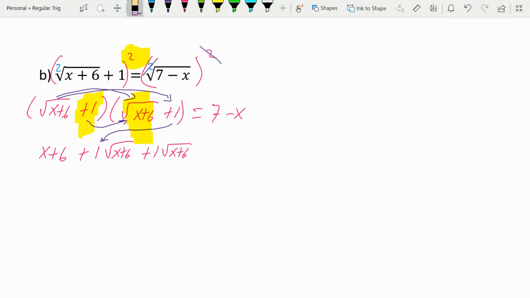And then I'm going to do the last times the last. So plus 1. And then just like the last problem, I'm just going to bring that nonsense down, 7 minus x.